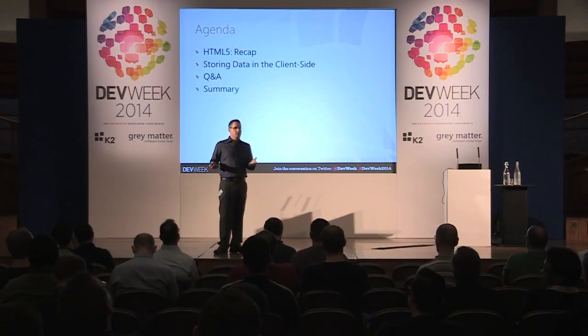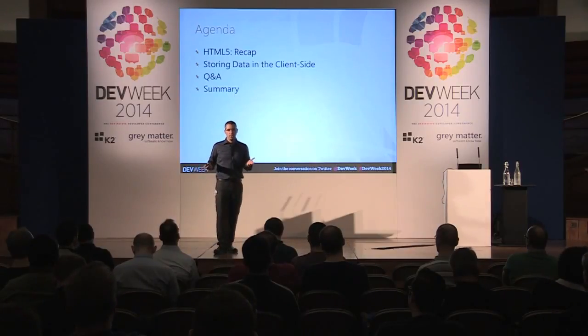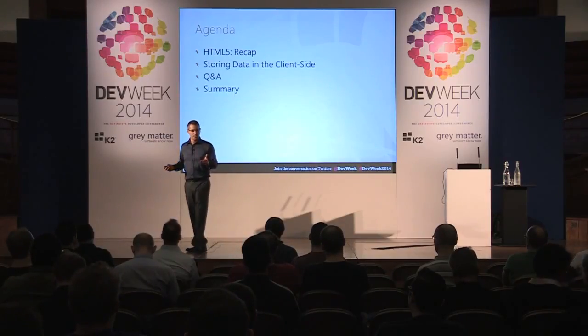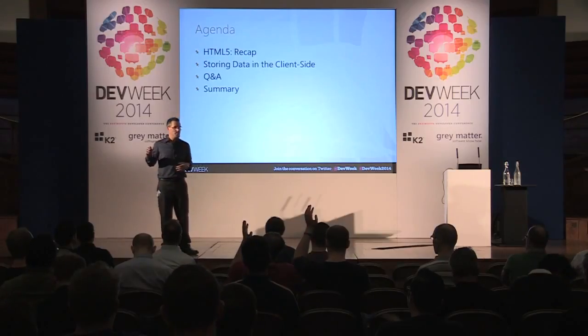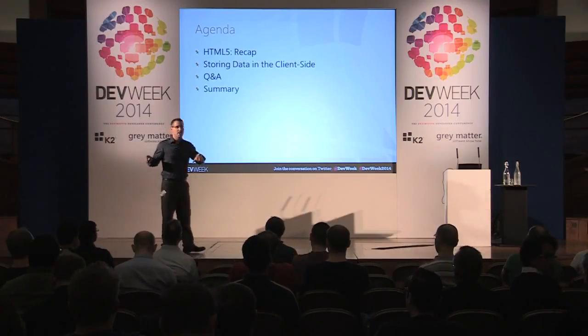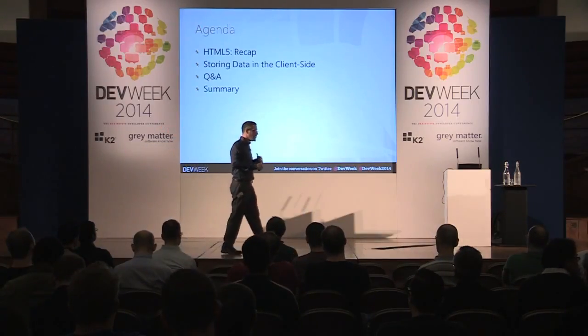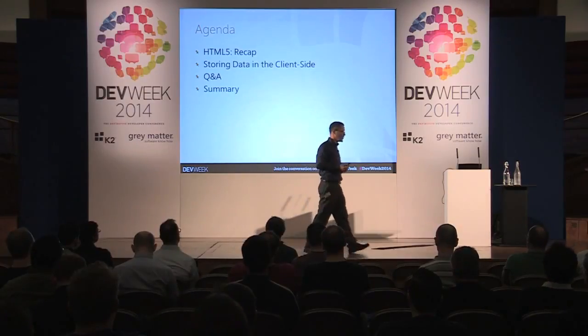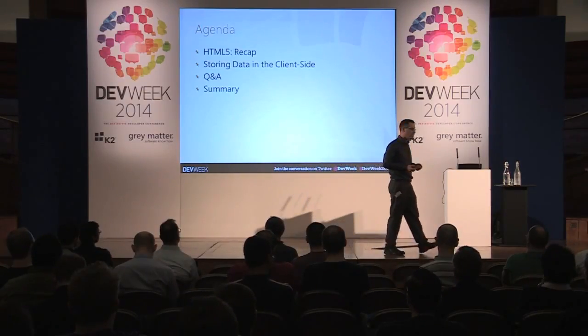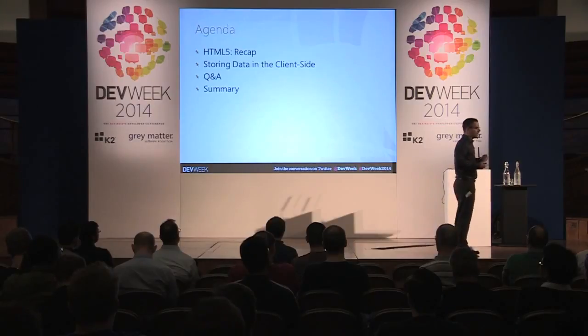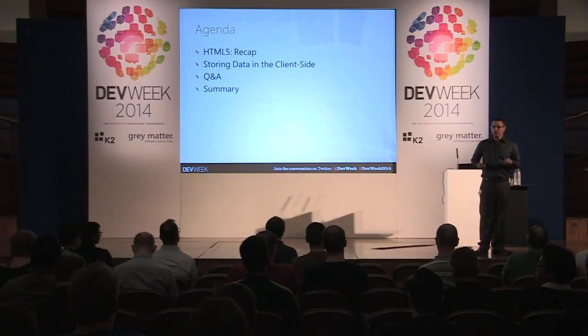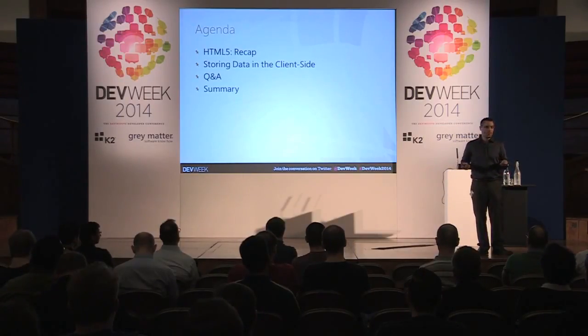What we are going to do here is first a recap. Who attended yesterday's session? Okay, so if you attended my yesterday's session, you probably know what I'm going to talk about in the recap, but I will do it very fast in order to get to the main thing. The main thing, we are going to build an app.